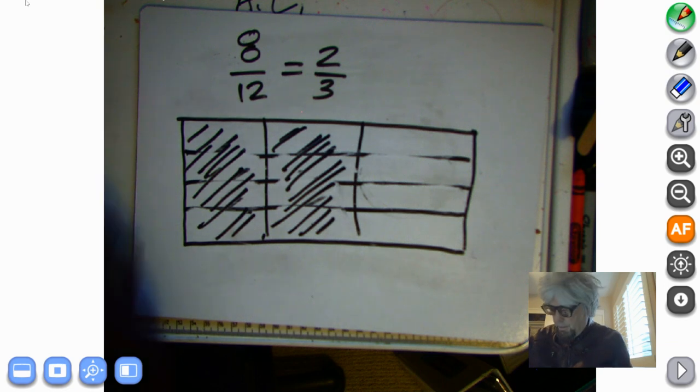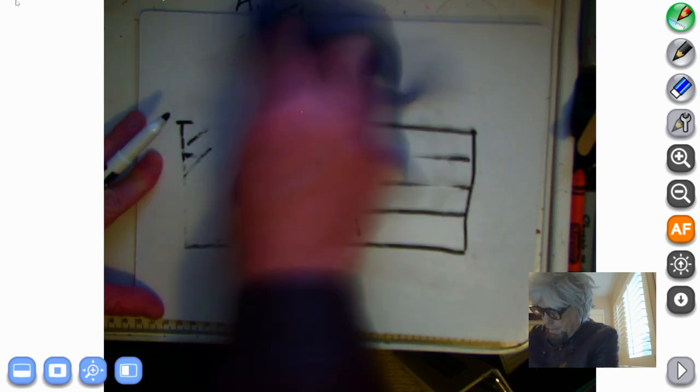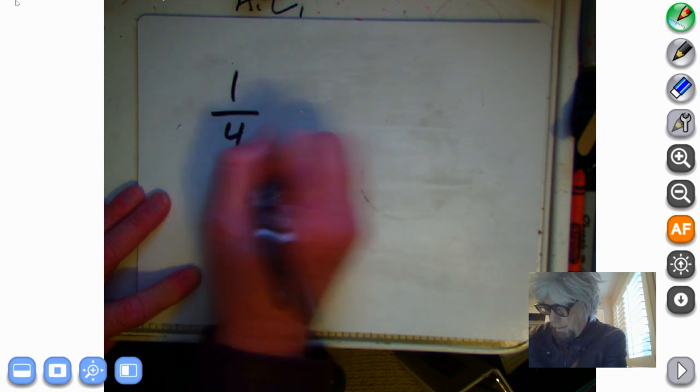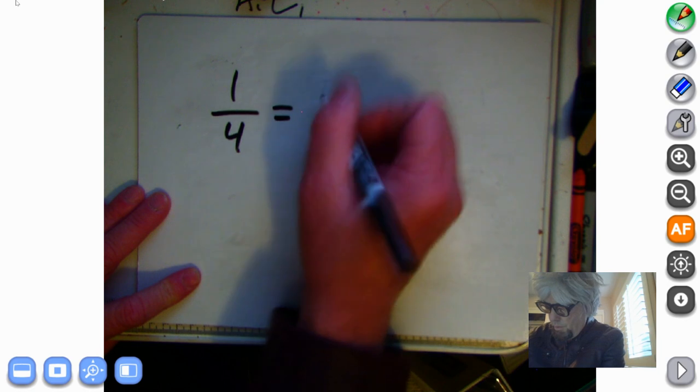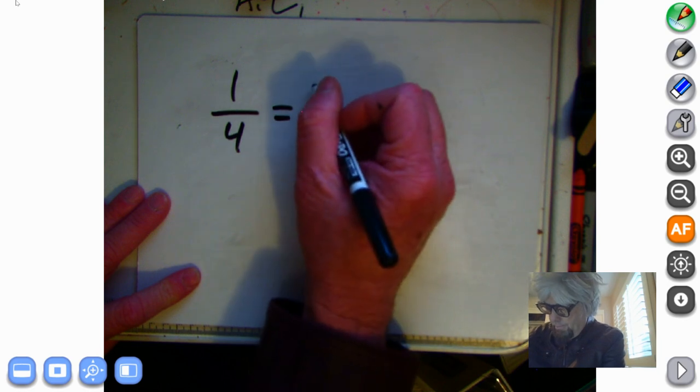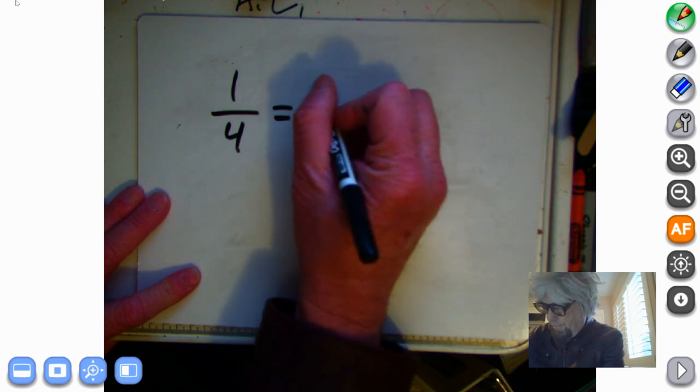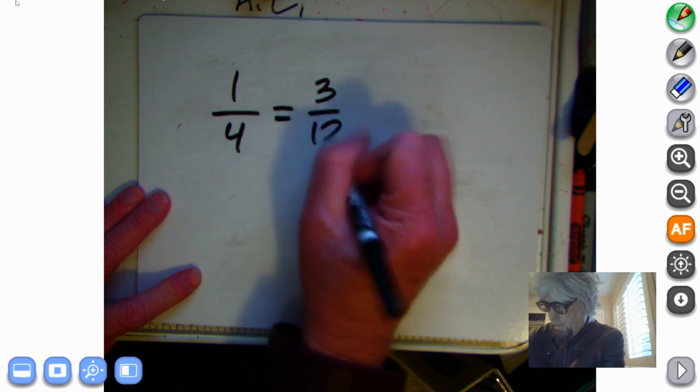Now, we're going to show a little trick that's going to come into play later on in the next unit. So we can forget about a lot of the diagrams and all that. Let's just say 1/4 is equivalent to, let's go, 3/12. Now think about that.